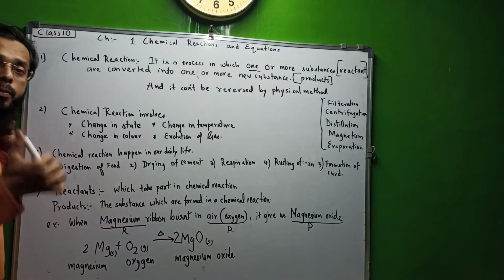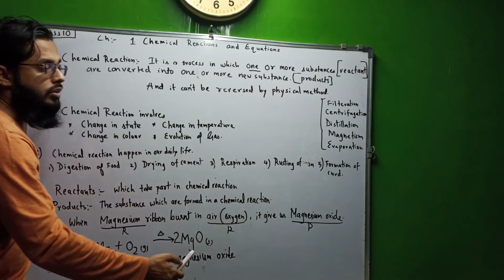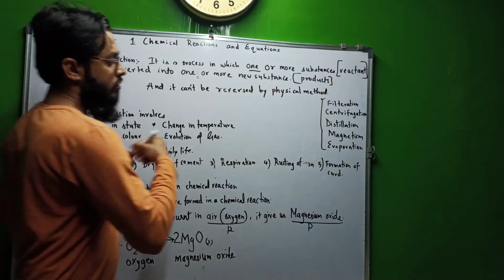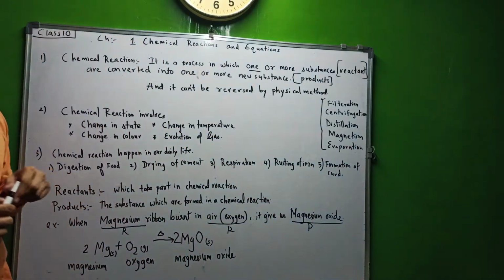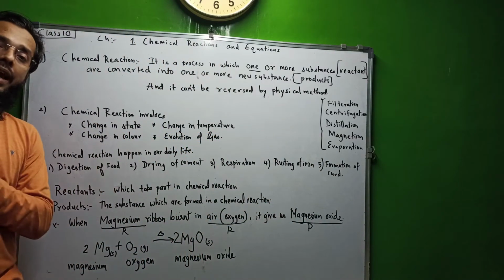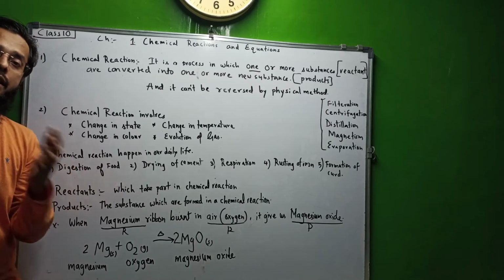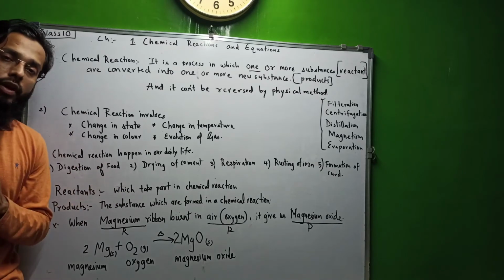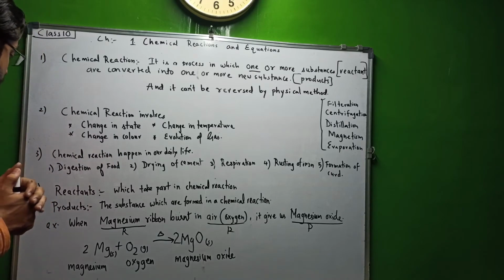During respiration, there is breakdown of glucose into carbon dioxide and water. This is also a chemical reaction. Rusting of iron is also a chemical reaction. Formation of curd, from milk to curd, that is from lactose to lactic acid. All these basic things which we see in day-to-day life are actually chemical reactions, and there are so many. You can give me an example in the next lecture.